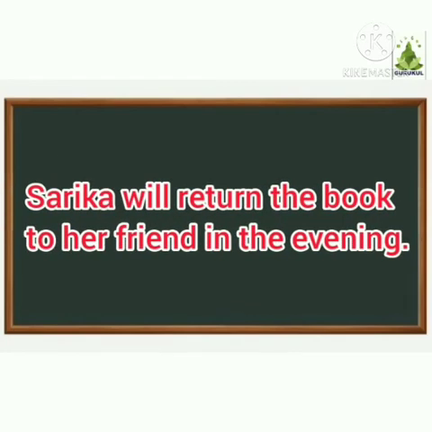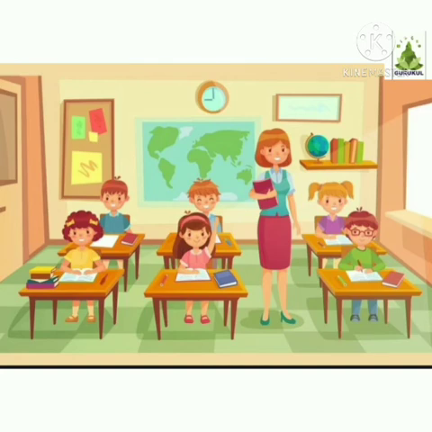Sarika will return the book to her friend in the evening. In this sentence, return is the action word. Sarika has her friend's book which she will be giving to her friend in the evening. As we follow some rules to form sentences according to verb tense, here also we have to remember some rules for simple future tense.